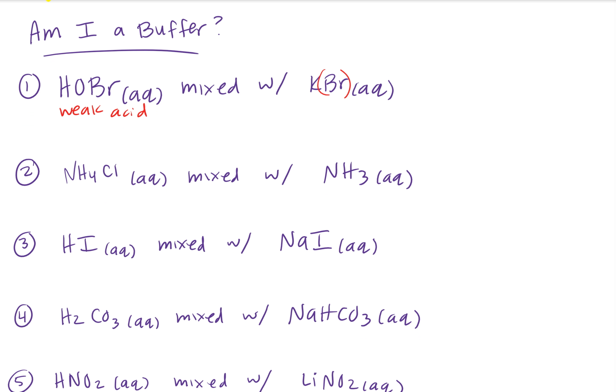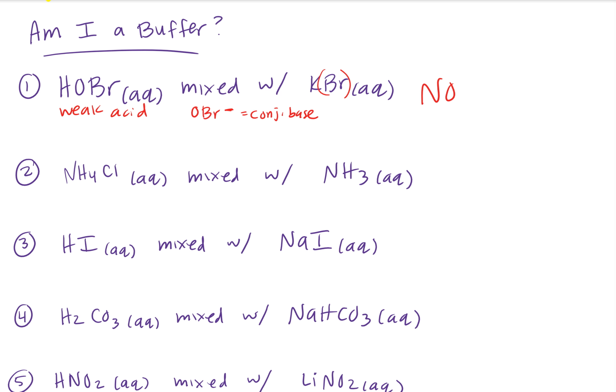If I knock off the only hydrogen from this acid, this is going to produce OBr negative. That's the conjugate base. So in order to be a buffer, this KBr would have to have another oxygen in it, and it doesn't. So no, this is not a buffer because Br is not the conjugate base of HOBr. That Br is missing an oxygen.